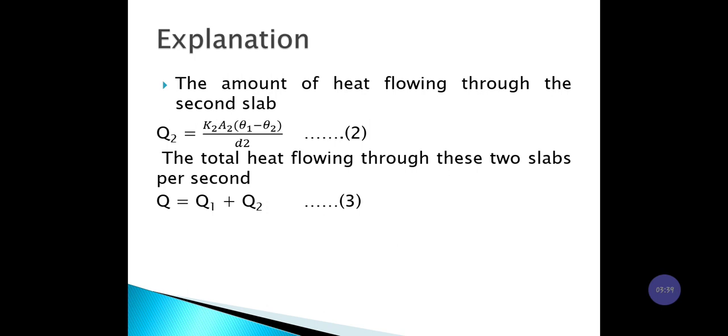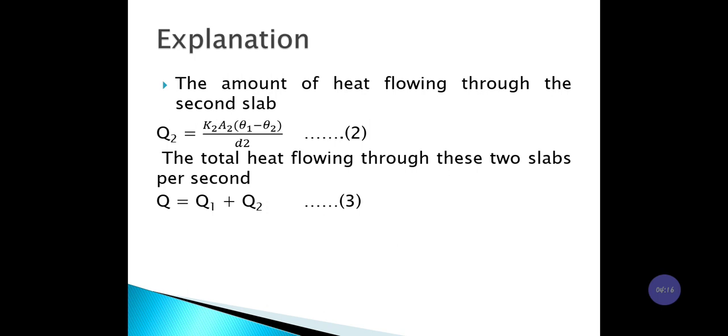Now the total heat flowing through these two slabs we want to calculate, that is the net amount of heat flowing from one surface to another. We just add the two heat values, Q1 and Q2. So we can frame the equation Q equal to Q1 plus Q2, and mark this equation as number 3.